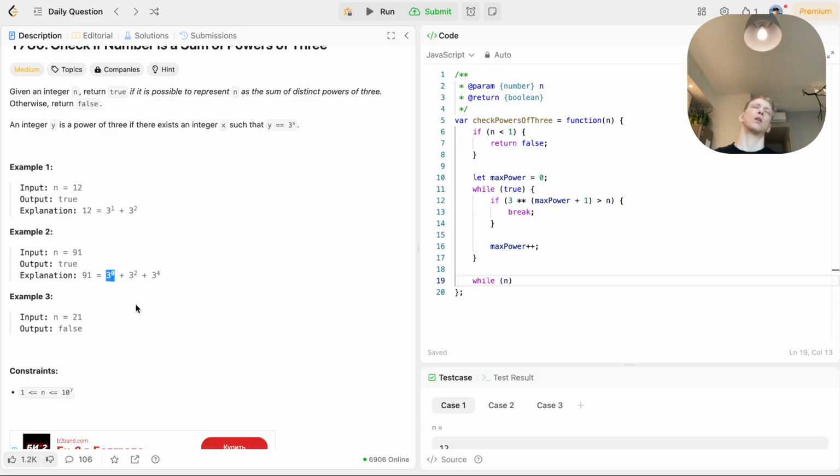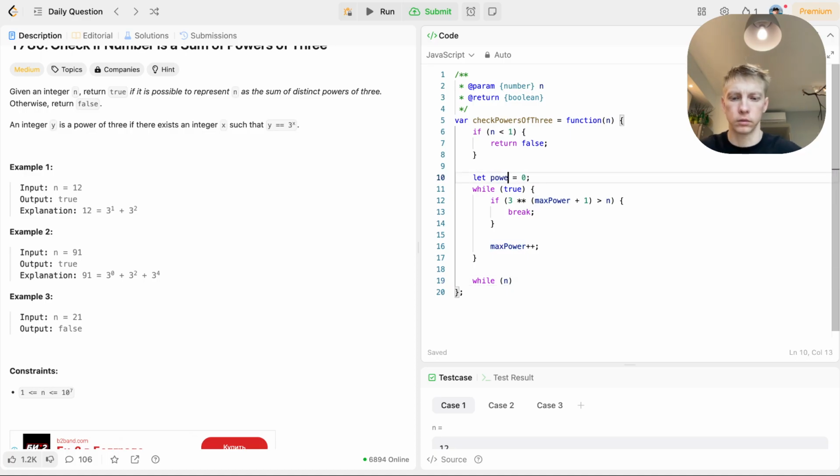So that's it. If we have already subtracted all the powers of 3 that we could, and we are getting more than 0 in the end, then we should return false. I would name it power.